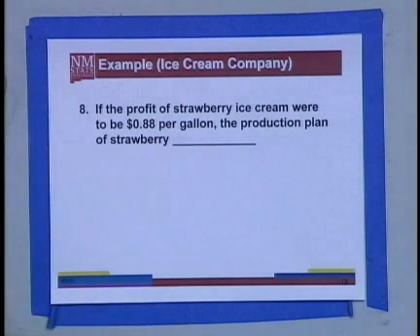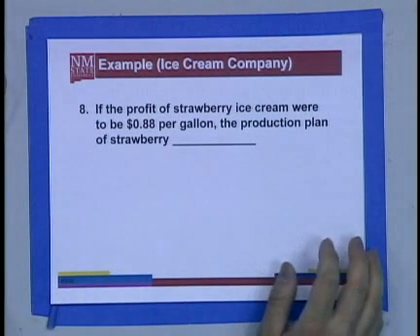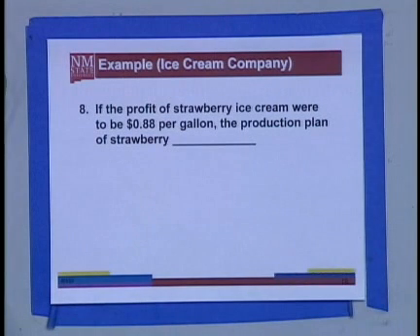Okay, next question is number 8. If the profit of strawberry ice cream were to be 88 cents per gallon, what will be the effect on the production of strawberry ice cream? Does the production of strawberry ice cream would increase, decrease, or remain the same? Or cannot be determined? What is it?